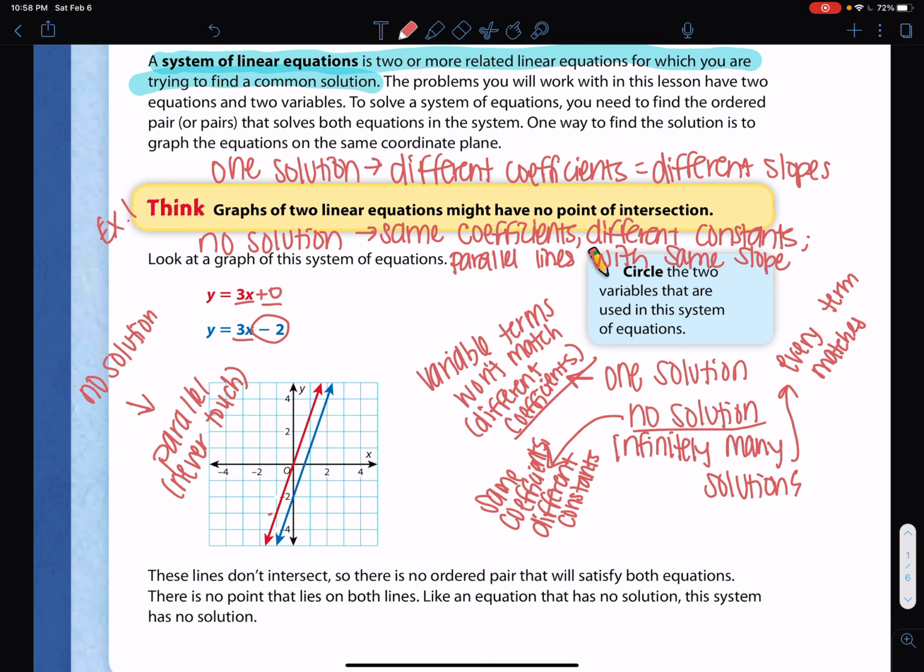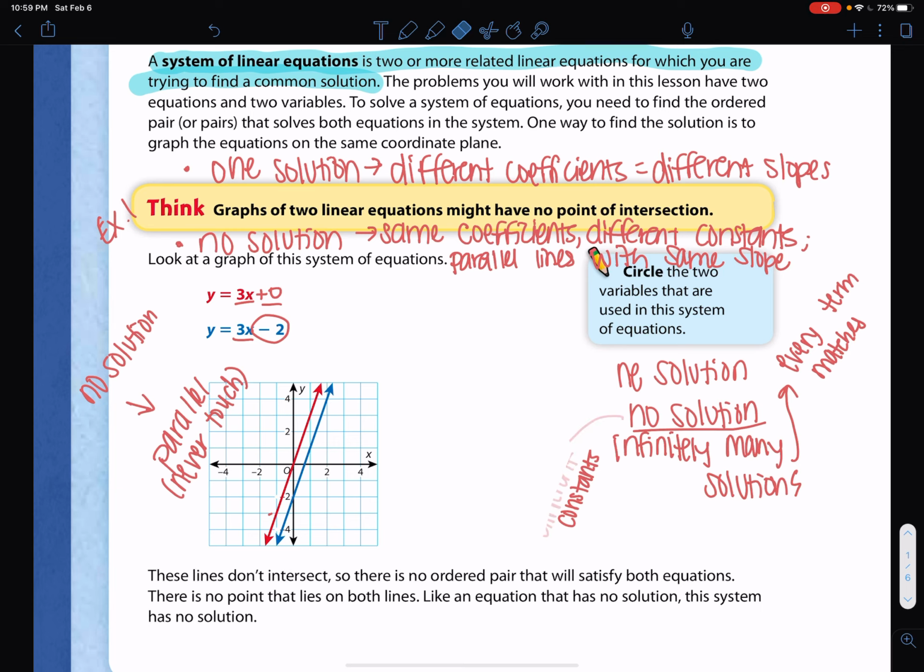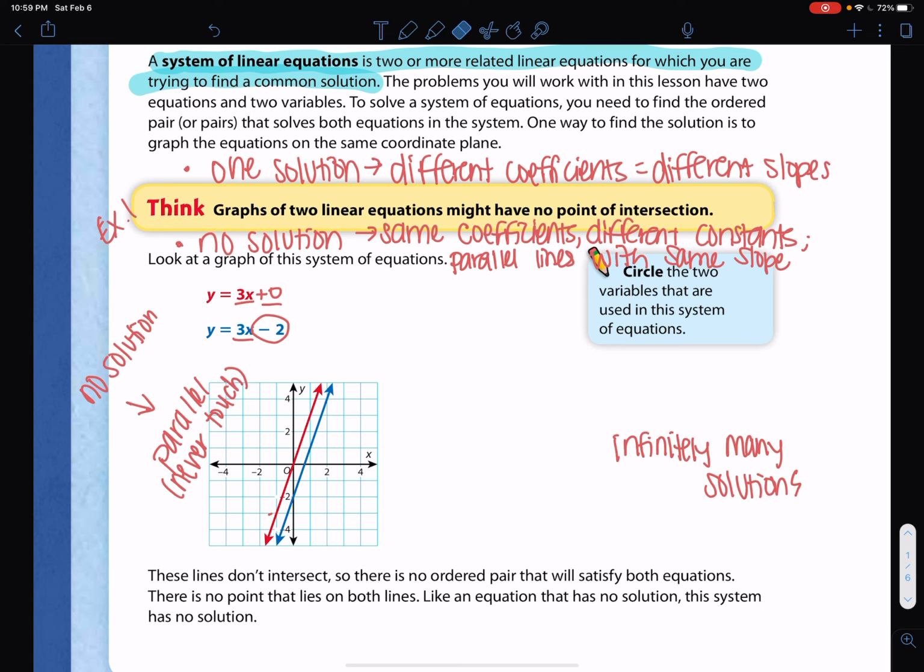Okay? And then, of course, that leaves our last one of infinitely many. I'm going to erase this stuff that I wrote before because it's just kind of crazy looking. Okay?